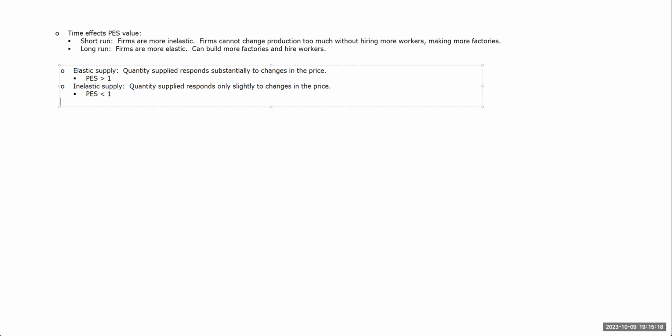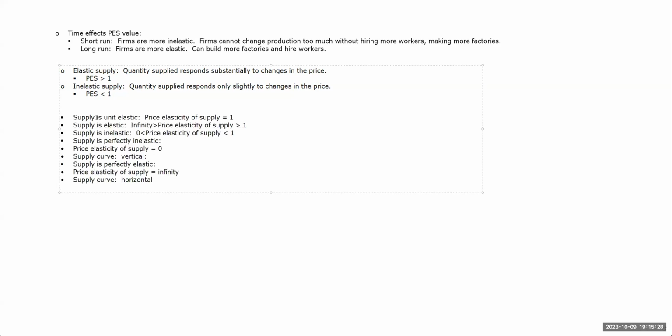Okay, so now let's talk about price elasticity of supply and the full range of possible numbers. We call supply unit elastic if price elasticity of supply is equal to 1. We say supply is elastic if price elasticity of supply is greater than 1 but less than infinity. We say supply is inelastic if price elasticity of supply is less than 1 and greater than 0.